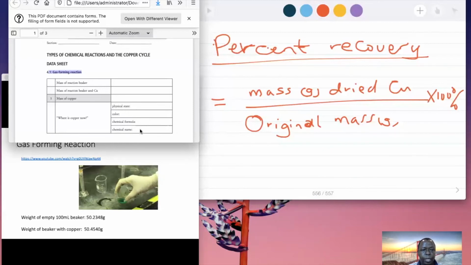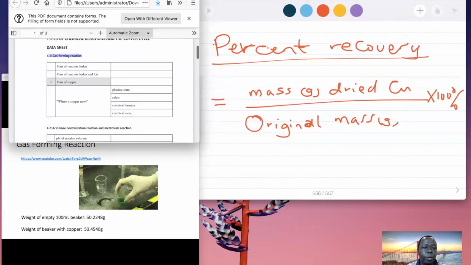You need to write that. And what is the chemical name? Where is copper? This should be the question. Where is copper? That means after the reaction, where did the copper go? I don't want you to think that I'm asking for solid copper. No, everybody knows that. After the reaction, where is copper? It is in the form of something else. That's what you need to do in 4.1.